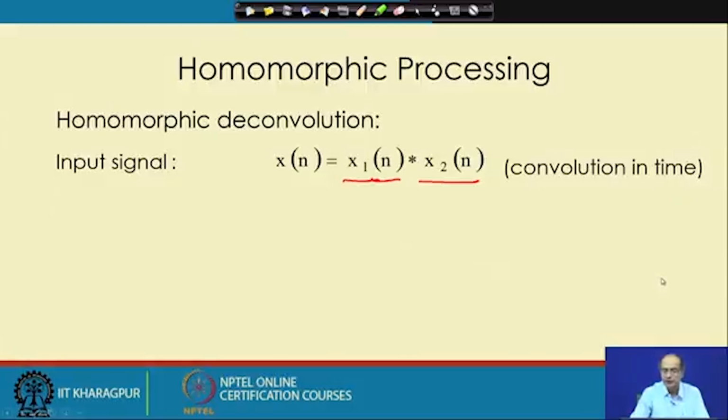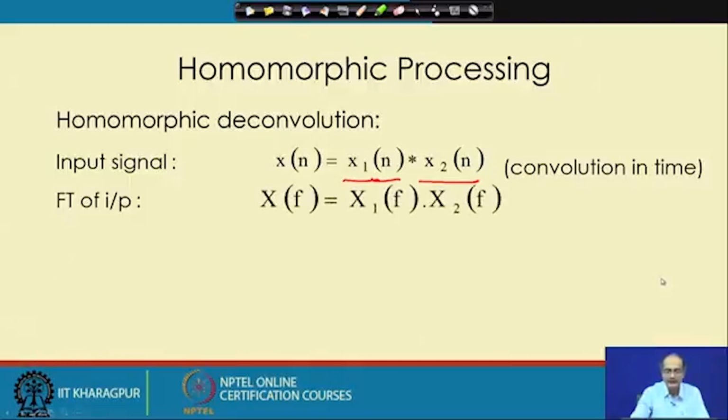For this convolution in time, what we can do is think of taking them into the frequency domain. In the frequency domain, we know the signals which are related by convolution in the time domain actually become a product of each other. Okay.